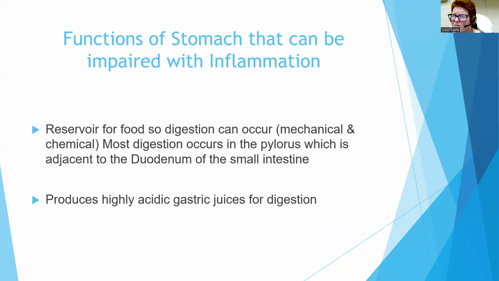It can cause food not to be digested in such a way that it can be completely digested in the small intestines, mainly in the duodenum. So, we need to be mindful of that. And as we go through the exemplars, we'll see the impairment that can occur. Also, the stomach produces highly acidic gastric juices for digestion, hydrochloric acid.